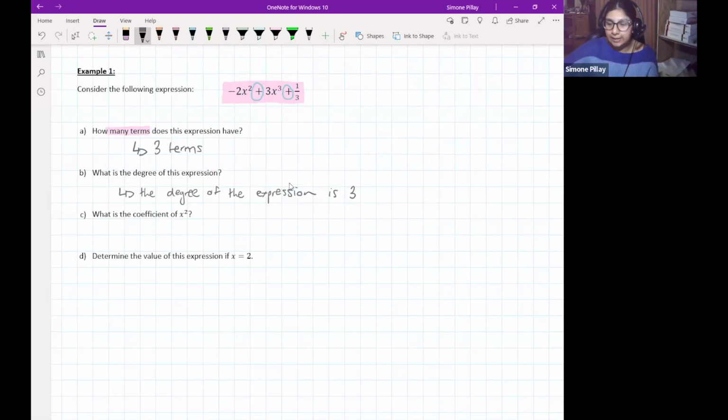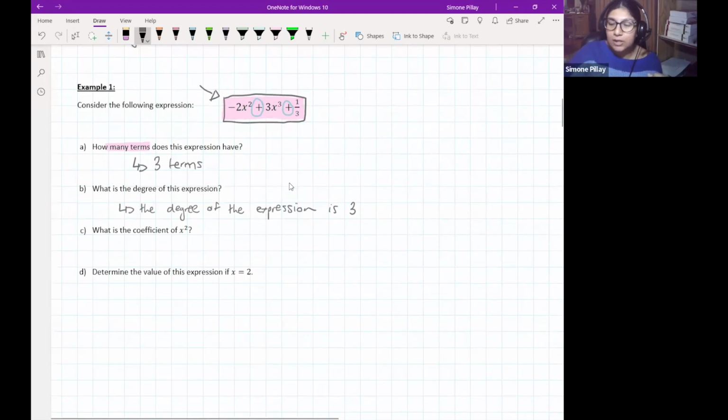How did we get 3? Because when I'm looking for the degree of my expression, I say I'm answering Emitle's question, so Emitle, this explanation is for you. When I'm looking at my entire expression, when I look for the degree, remember what is the degree?